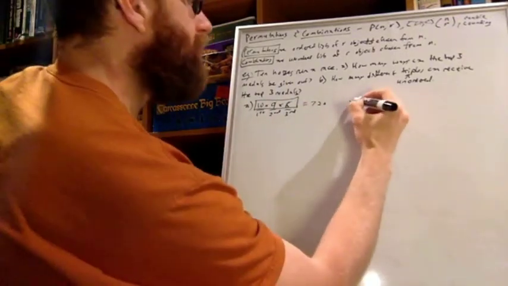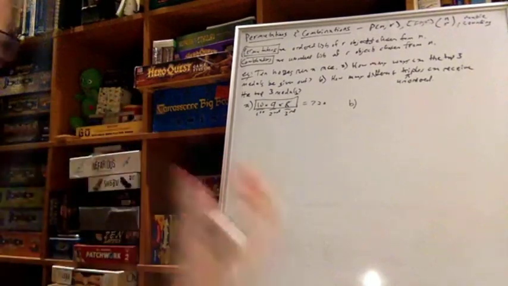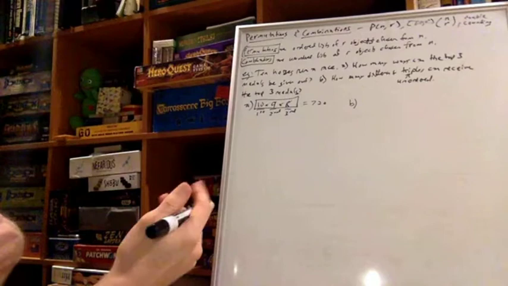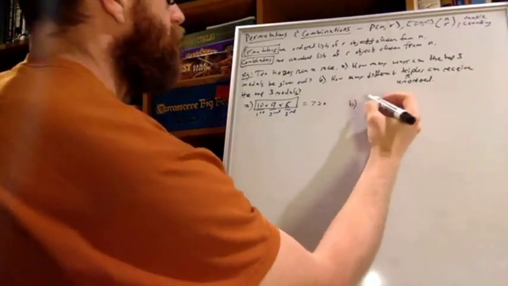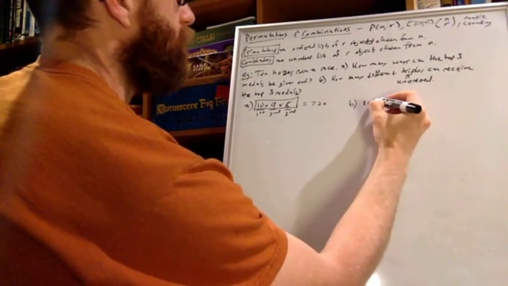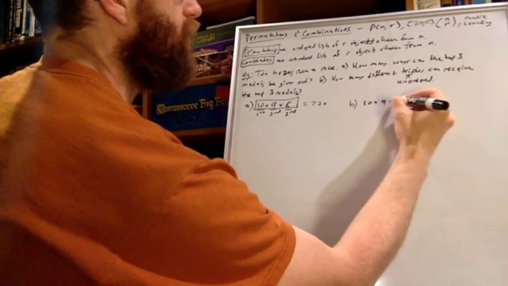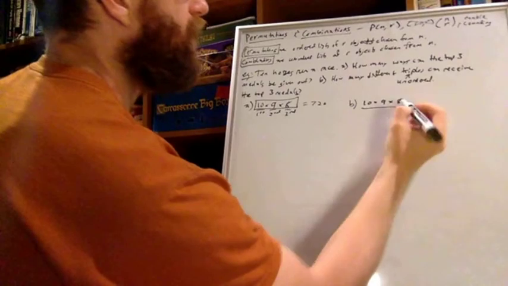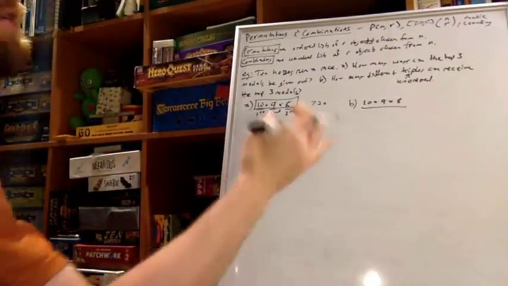Now for part B, I'm asking for less information, so I have to work harder, which is a little paradoxical. What I have to do is, well, I've got 10 choices for first place, times 9 choices for second place, times 8 choices for third place, but then I need to divide by the number of ways to order those.